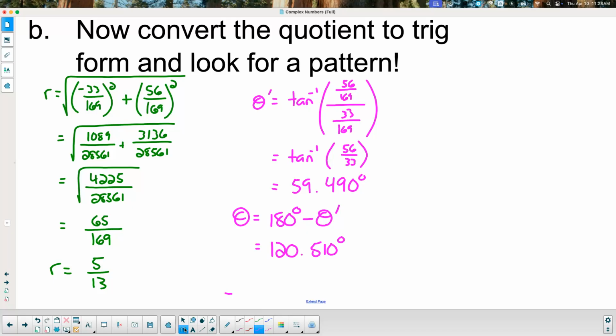Yes? So that gives me z sub 1 divided by z sub 2 would be 5 over 13 CIS 120.510. Yes?